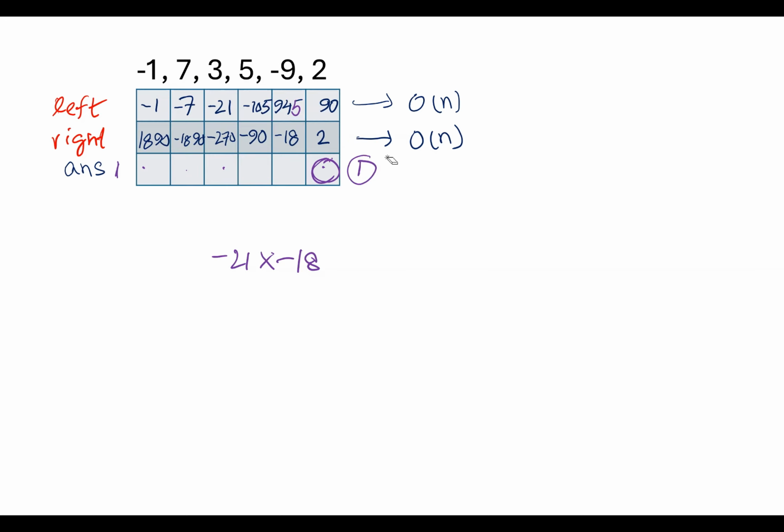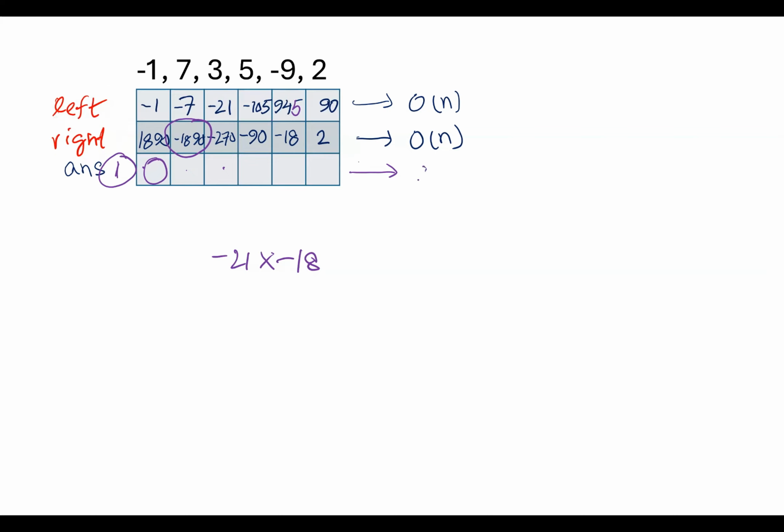Similarly, when calculating this value, from the right we're going to take this, and from the left we're going to take this. So this is also simple. For each position, we have to multiply two values, one from this array and one from this array.